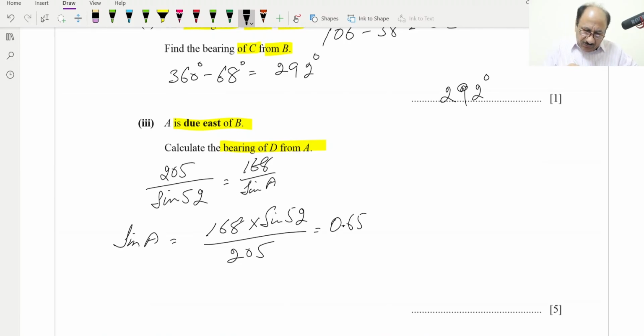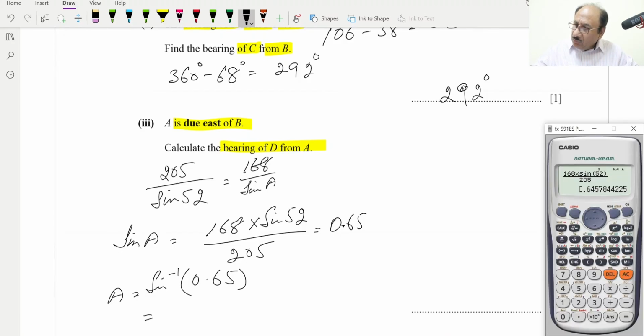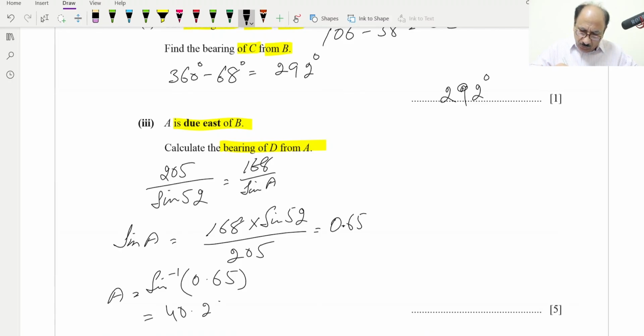This is the sine A value. So A will be equal to sine inverse of 0.65. Using shift sine on the calculator, the answer is 40.22, approximately equal to 40.